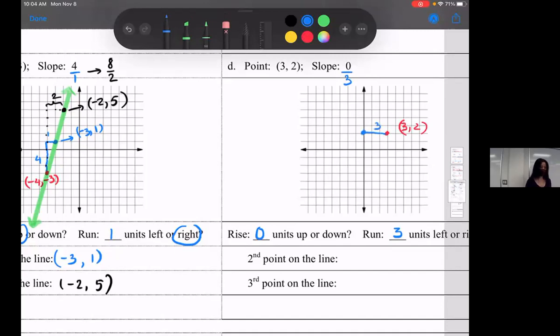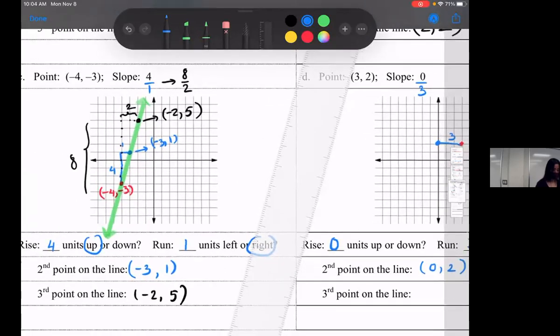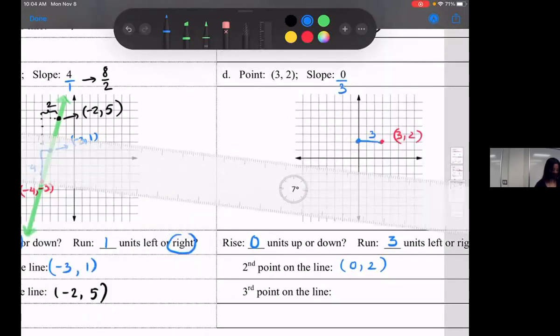When you stop, that's your new blue point right there. What is that point? It's going to be (0, 2), right? (0, 2), and then you connect it to that.